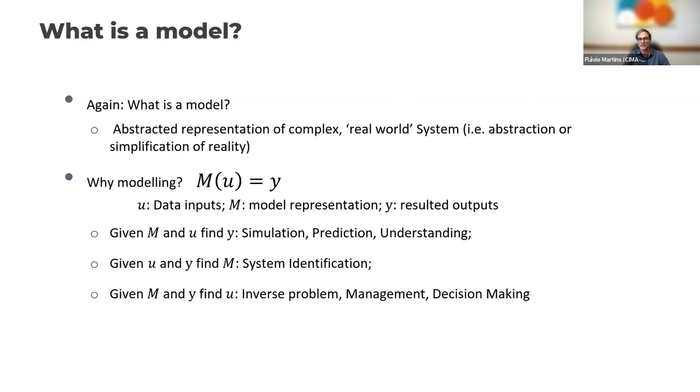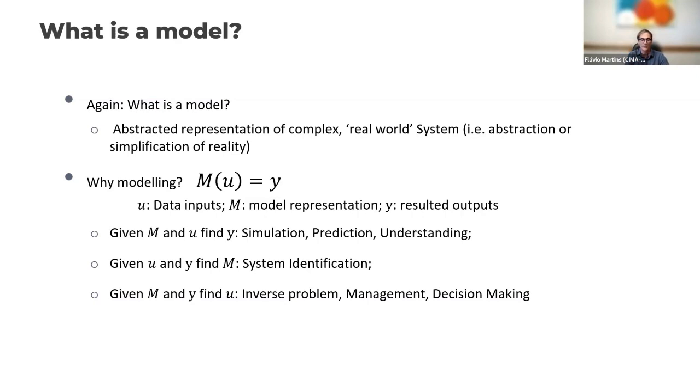And usually it's used in management and decision making. So basically I say, okay, what I want as an output is that the concentration of this pollutant cannot be higher than this, you see? Which should be the inputs so that the output will be lower than this value? So this is a management or a decision-making question.